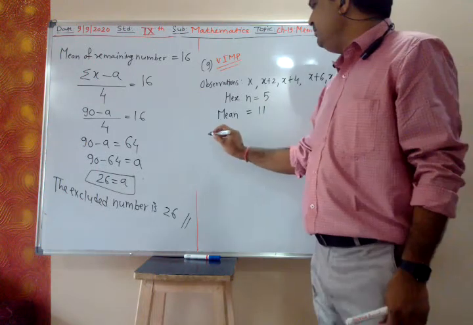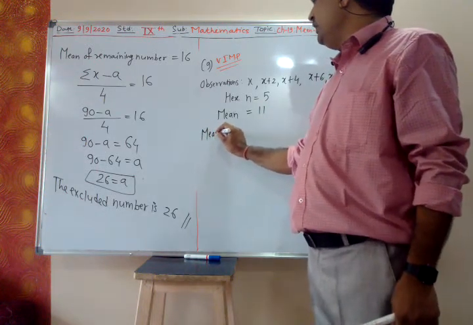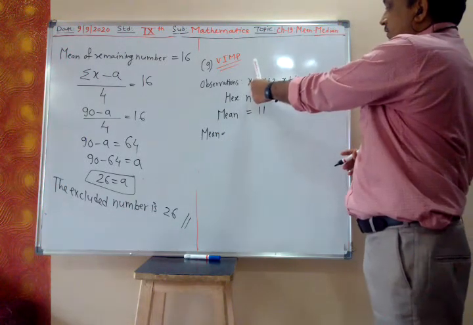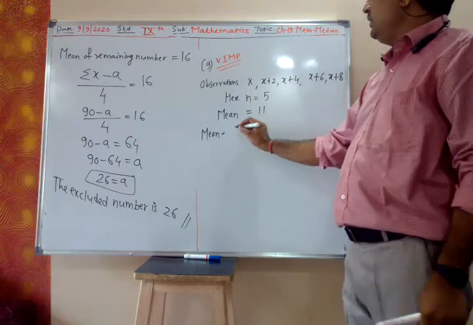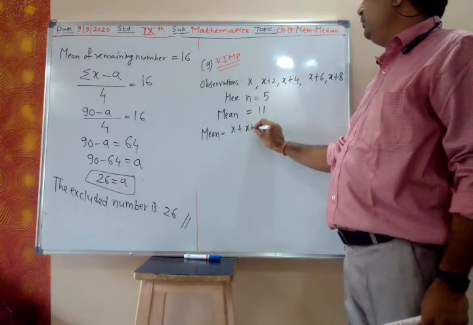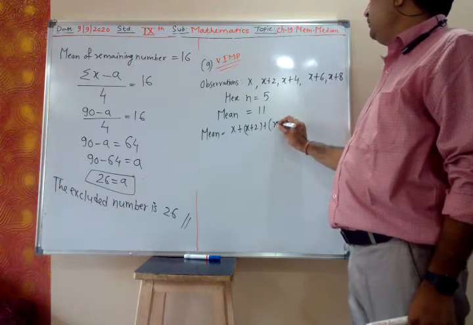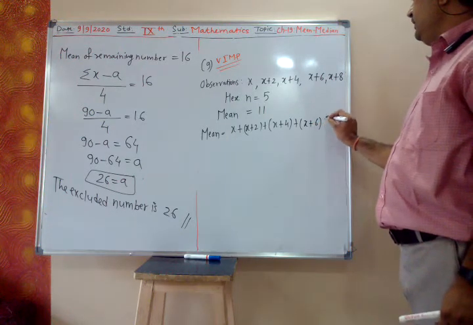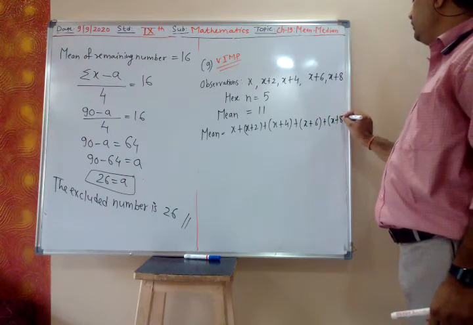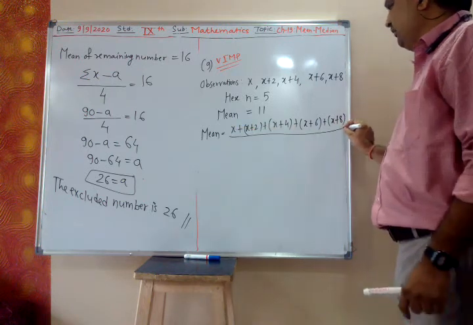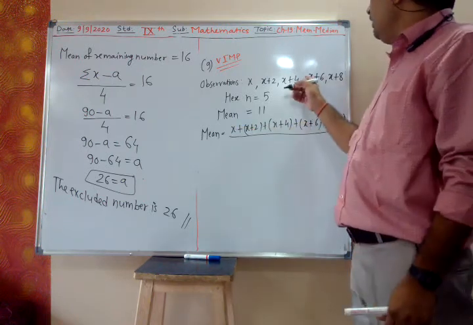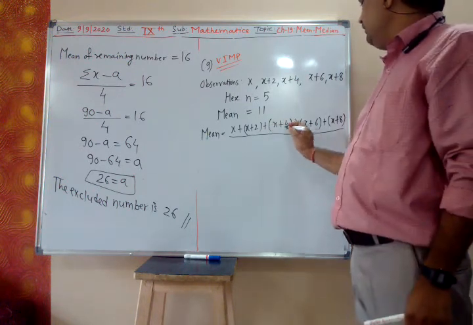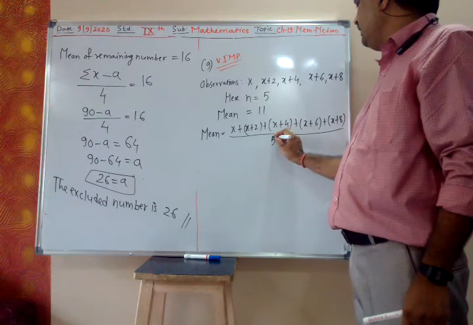Now I will find the mean. By formula, we add all the values, x plus x plus 2 plus x plus 4 plus x plus 6 plus x plus 8, then divide this total by the total number of values, 5.